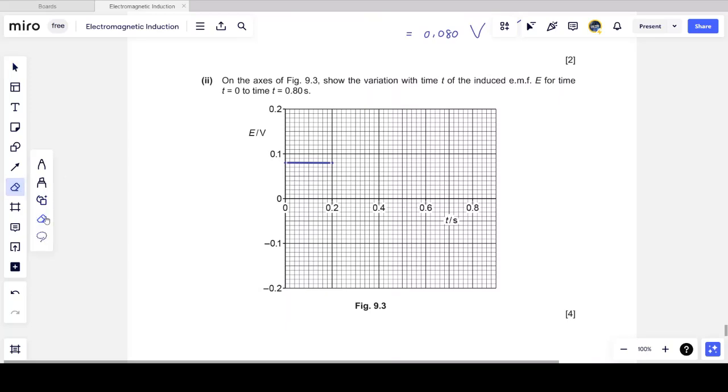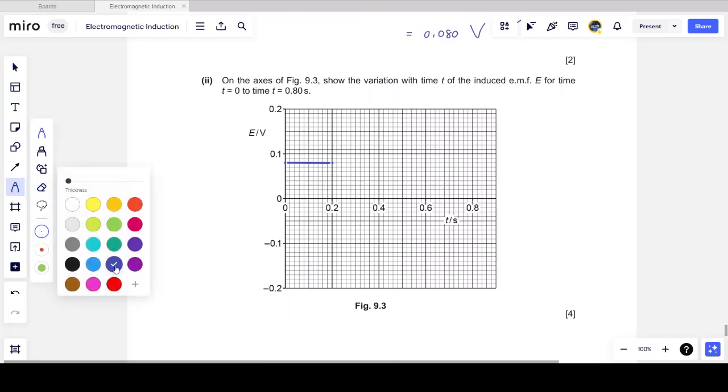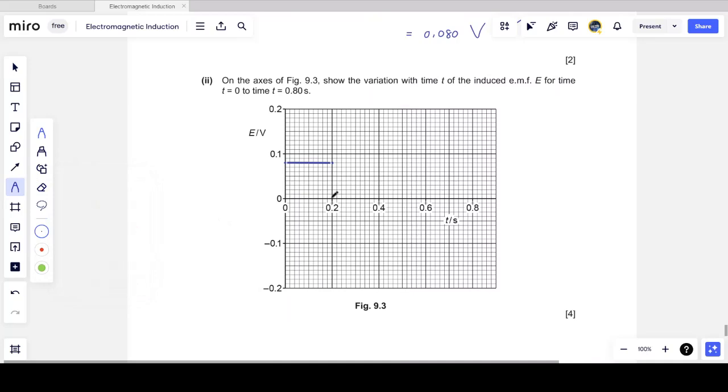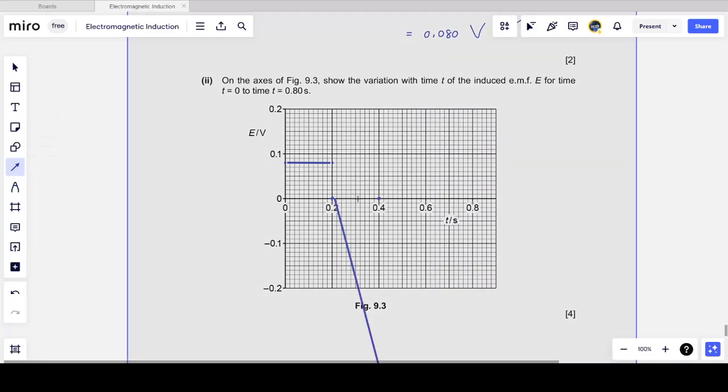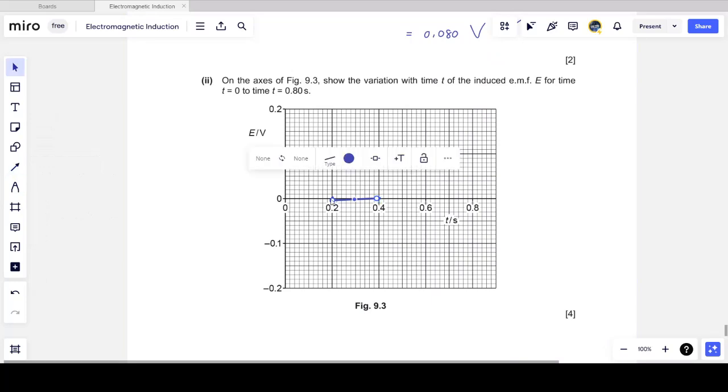So what that means is, I'm only asked to sketch a graph, but I'm going to have 0 EMF being produced for that time. And so I have another horizontal line that is again straight. And now the horizontal line is just 0. So you can see this graph is just a compilation of horizontal lines.